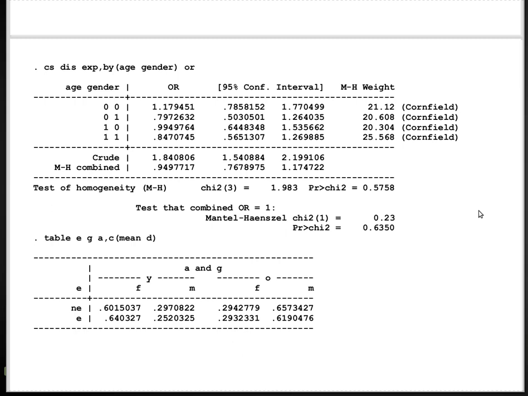So what is this? Well, this is the proportion with the disease among those who are young and female and not exposed. And you can see that of the numbers in our data, approximately 60% were exposed. And you can see there's other examples.